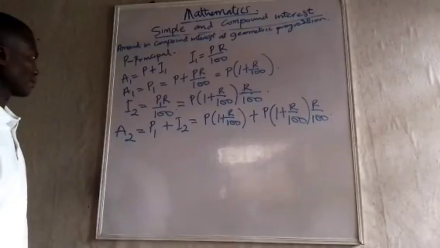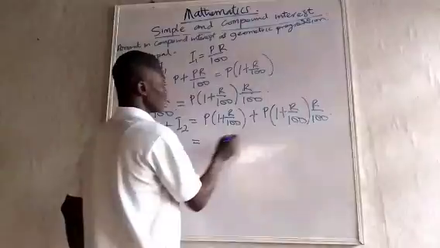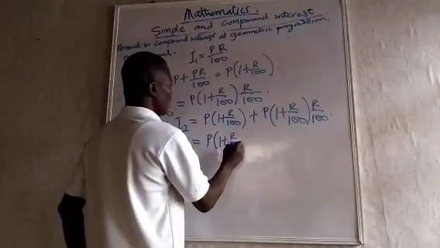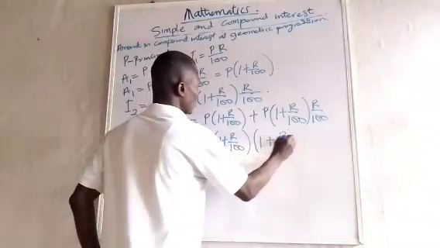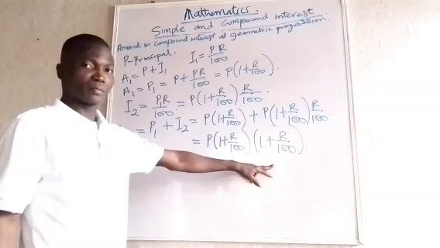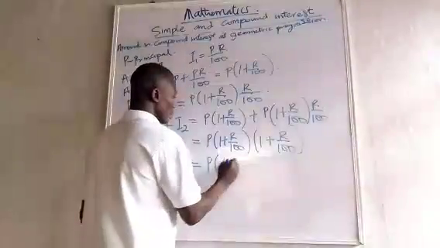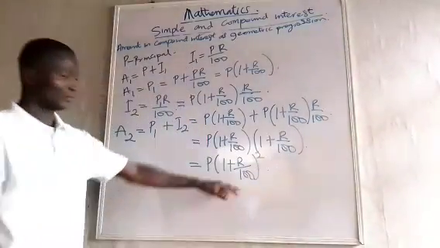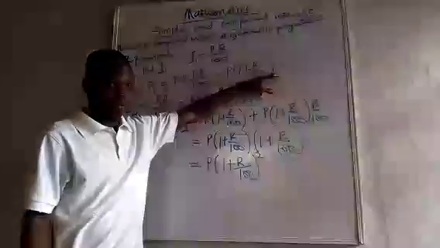That is it. So, when I factorize this, I'm going to have P into 1 plus R over 100 into 1 plus R over 100 again. You see how it recurs? This is going to give me P into 1 plus R over 100 squared. So you see, this is A2. It is A1 into 1 plus R over 100.